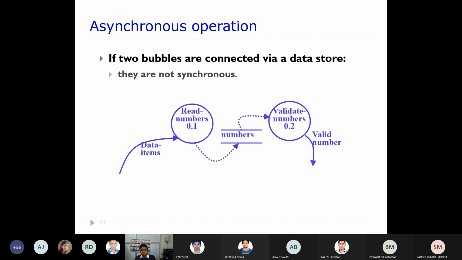Now as part of asynchronous operations, you can see these are the two bubbles or processings, and they are connected via some data store.